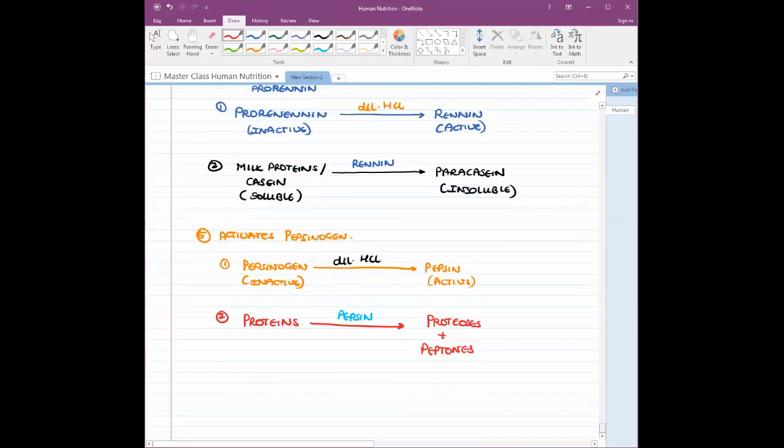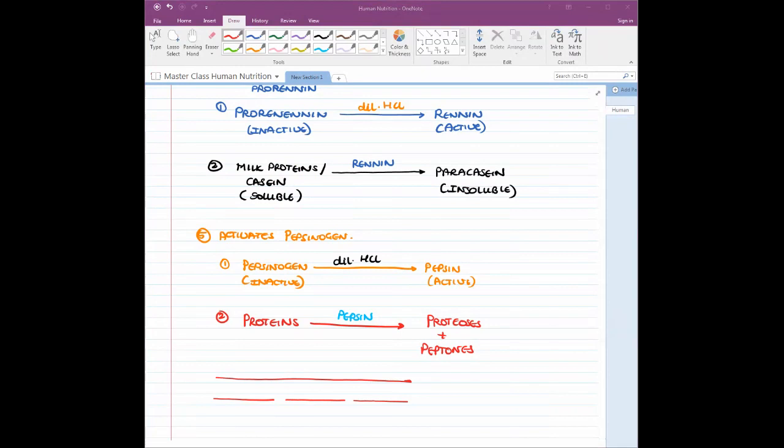Smaller proteins are proteoses and peptones. Let me give you an idea of what happens. Let's say this is your protein, a huge protein. When it is broken down, it gets broken down into this: small proteins. These are nothing but your proteoses and peptones.